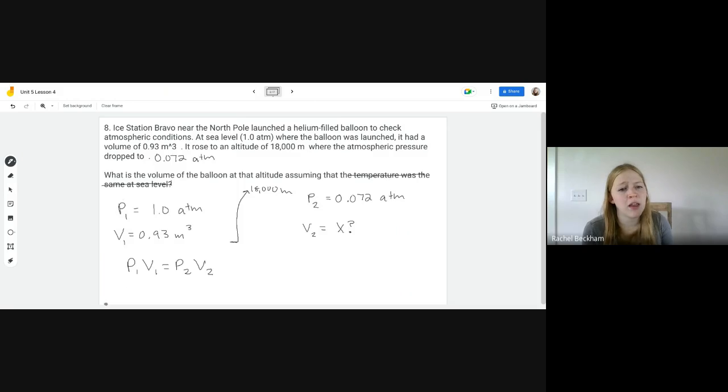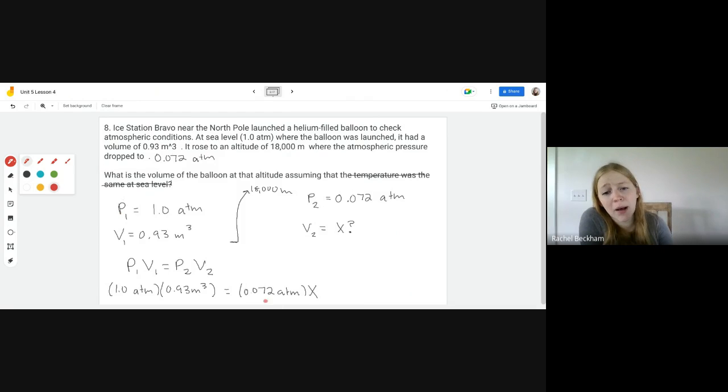Now we're just going to plug in and solve. So 1.0 ATM is our P1, 0.93 meters cubed is our V1, my P2 is 0.072 ATM, and my V2 is X. So I need to solve for X. To do that, I need to get X by itself.